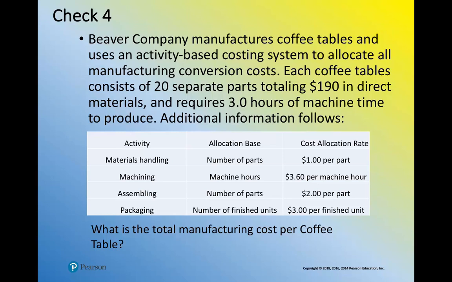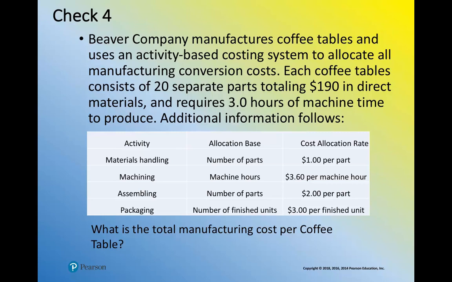It's based off of machine hours, and it's $3.60 per machine hour. It tells us in the problem that it was 3 machine hours times $3.60 per hour. That gives us a total of 10.8. Next we go to assembly, and again it's $2 per part, and as we already found out, it was 20 parts, so 20 times 2 is 40.